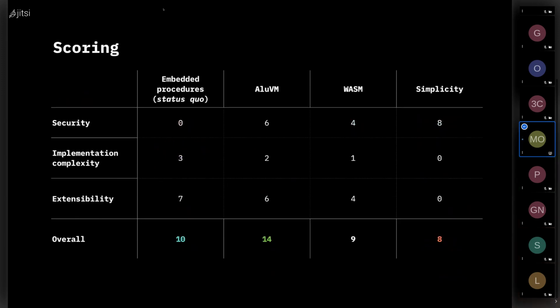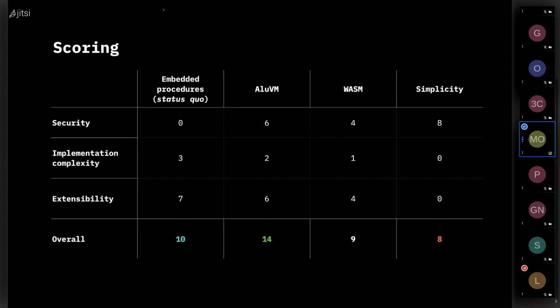Basically, I put each of these criteria into three categories: security, implementation complexity, and extensibility. I put a number for each of the choices and got the overall rating, meaning that it's better to have embedded procedures than going with Simplicity while it's not ready, because while it's extremely secure, much ahead of any other option, you have no way of implementing or extending it today.